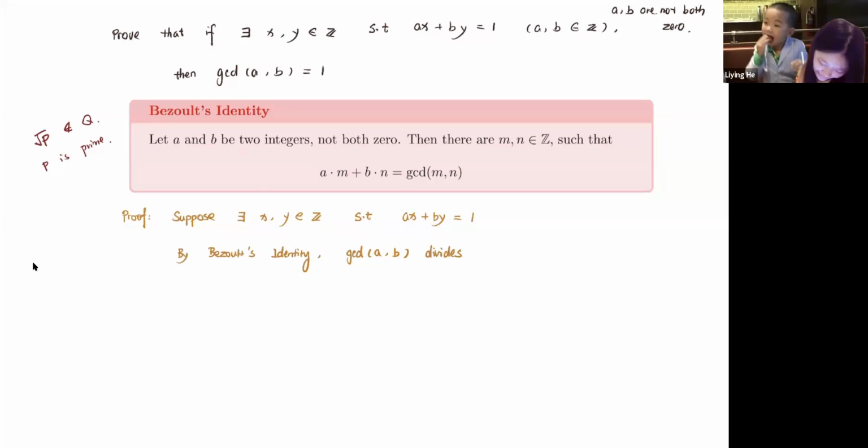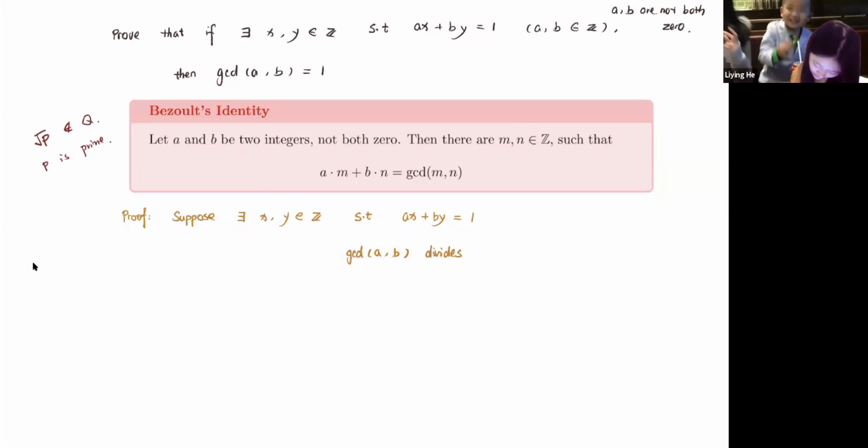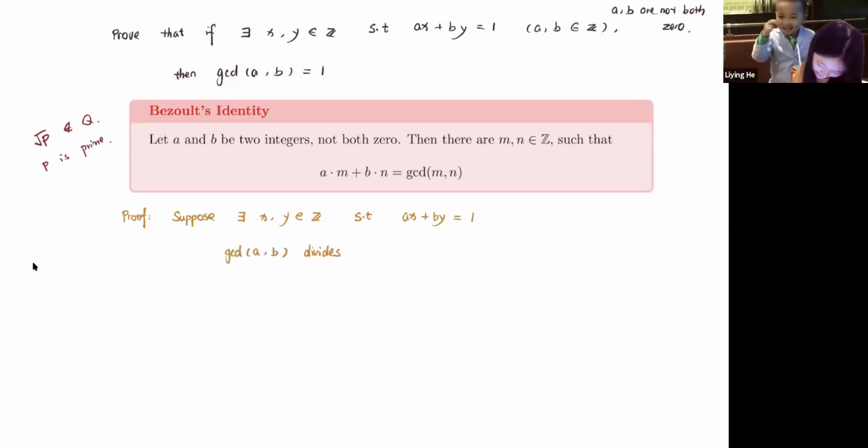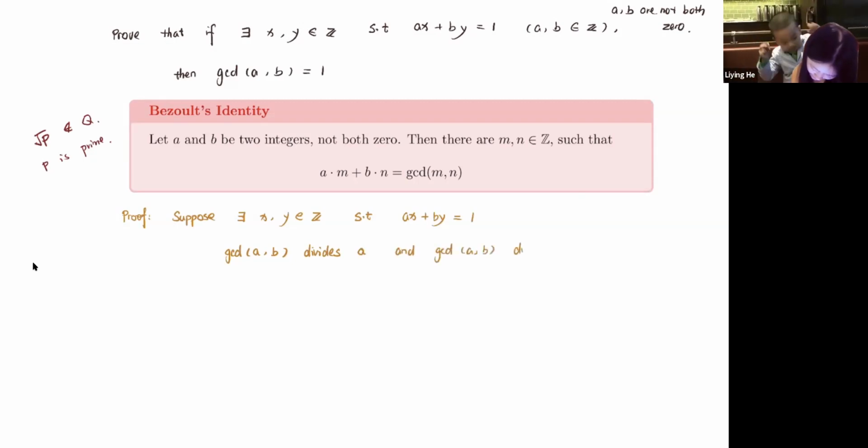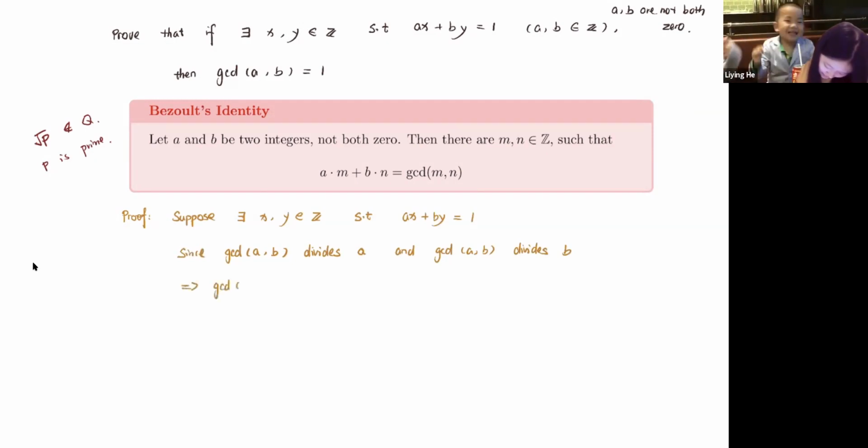Oh, we don't need the identity, never mind. We know that the GCD of a and b divides a, and the GCD of a and b divides b. Since this is true, we have that the GCD of a and b divides ax plus by.